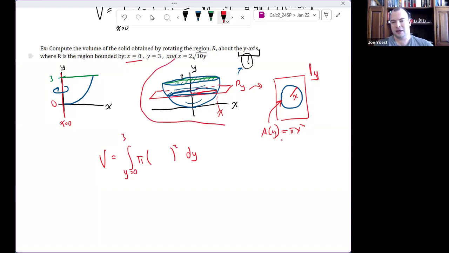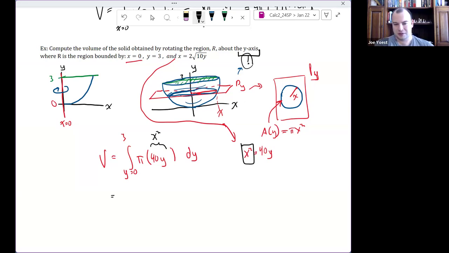And I erased it from before, but x squared is 40y. That 40y is x squared, so I've already taken care of the square. I don't want 40y all squared. So this whole bit is x squared.